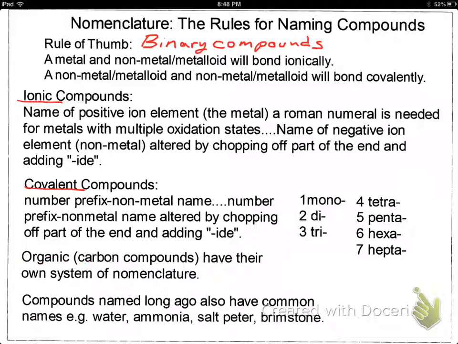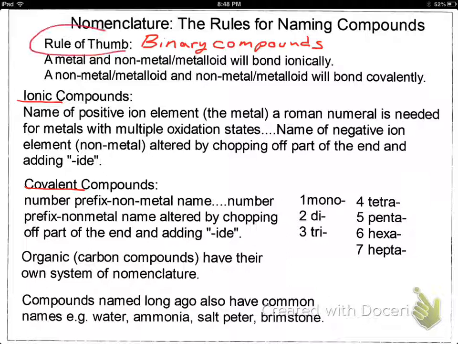Since the rules for naming compounds are different for ionic and covalent compounds, you're going to have to learn to tell the difference between the two. Actually, there's a fairly standard way of doing it, but we're not going to get into that right now. Instead, we're going to use this rule of thumb, which works pretty well most of the time.